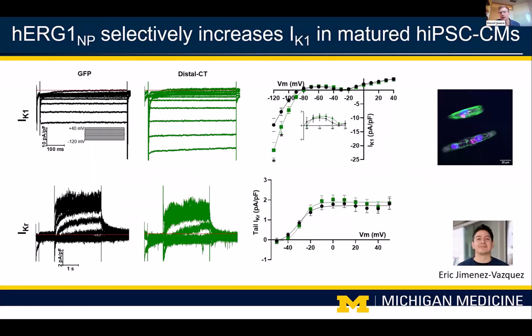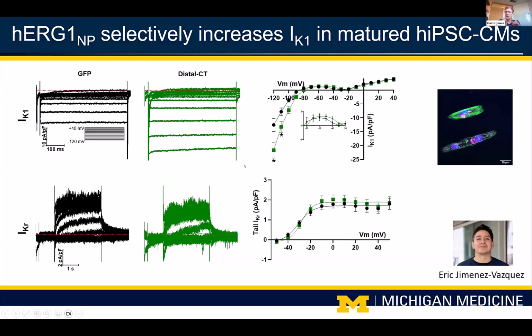But when we look at the effects on currents, if we look at the native IK1, GFP, we get some reasonably good currents. He adds in the distal construct, and those currents are roughly doubled. But then here with the IKR, he sees no effect. And that's actually really encouraging.